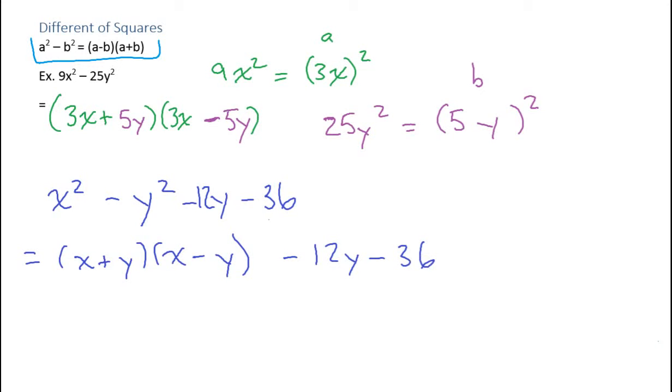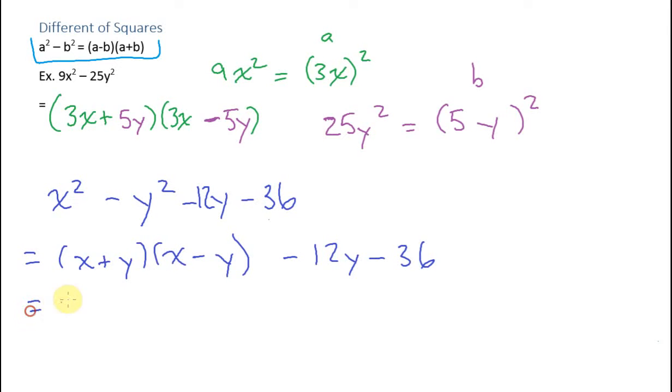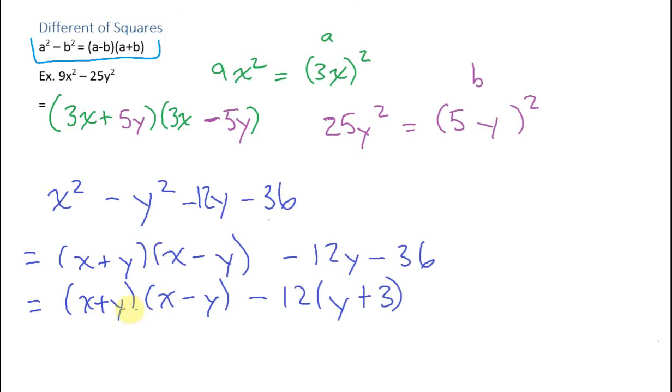So this is not in factored form. If it's in factored form, every single thing is multiplying, and here we have multiplying, subtracting, subtracting, so it's not factored form. Well, what if we try to factor the second part? I can take out a common factor of 12, and then I have y plus 3. But there's nothing else I can do here. So this is not going to work this way.